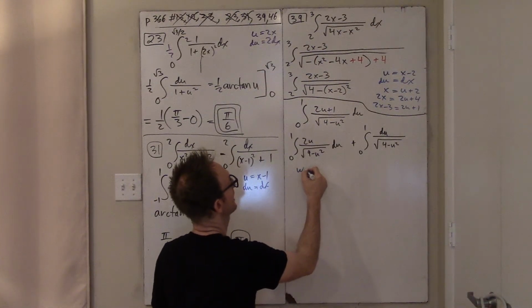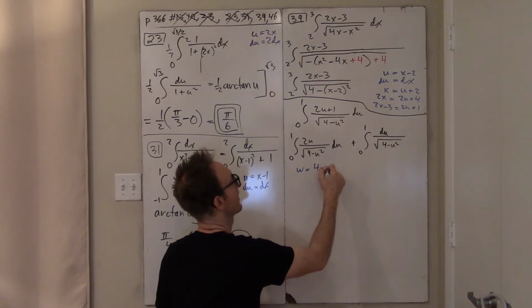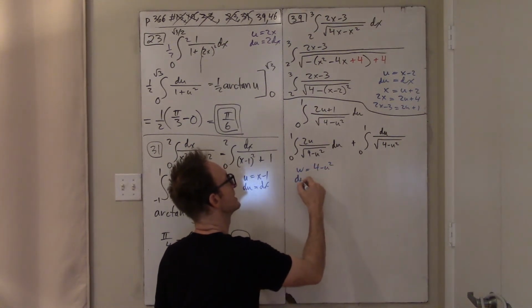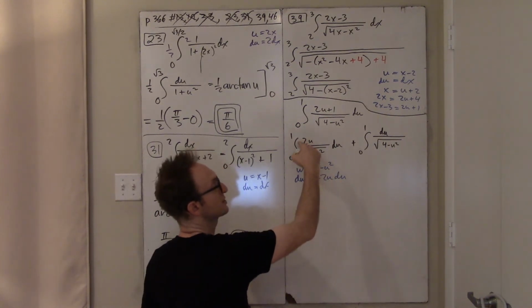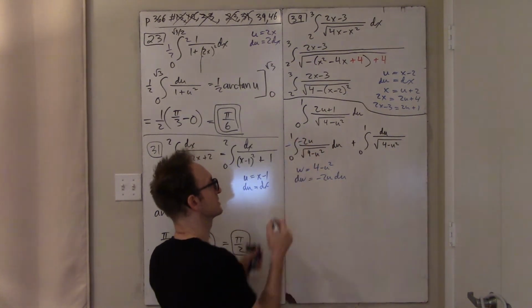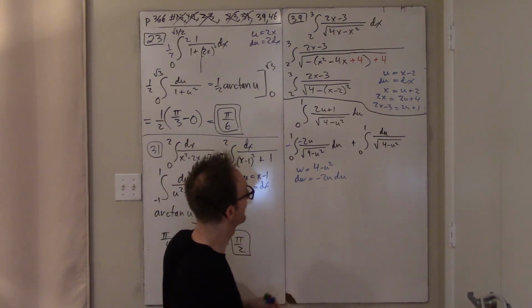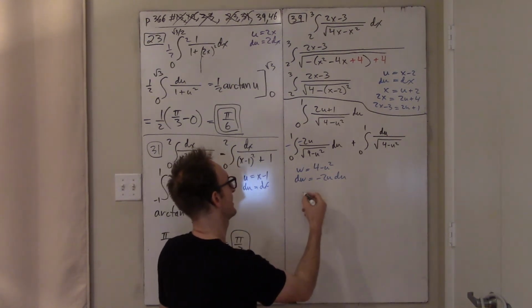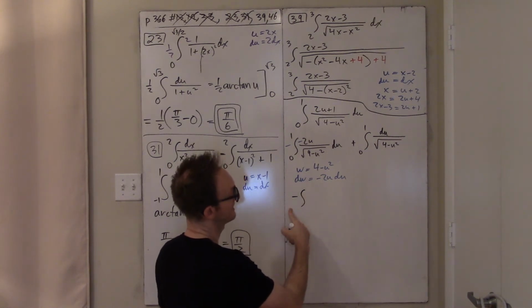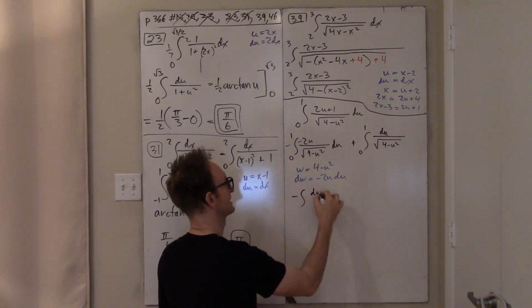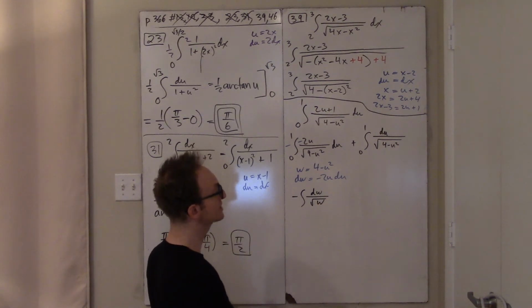What do I do here? I let w be 4 minus u squared. dw is negative 2u du. There's already a 2u up there, so I stick in a negative and undo the damage. Then this becomes negative dw over root w. Now I change my limits again.